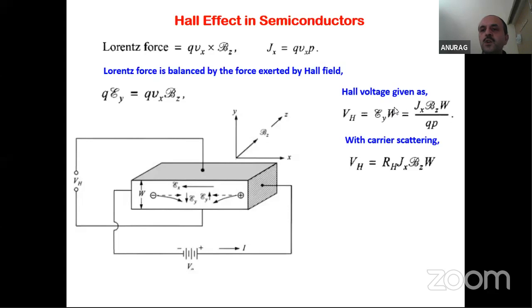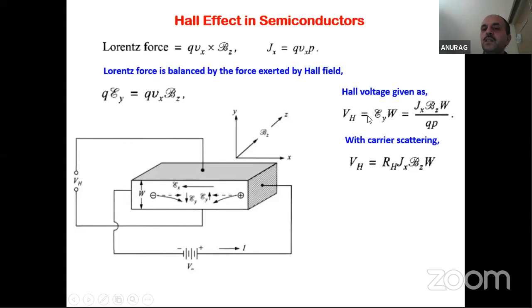Now it's better. So the Hall voltage is given as EY times the thickness of this sample.